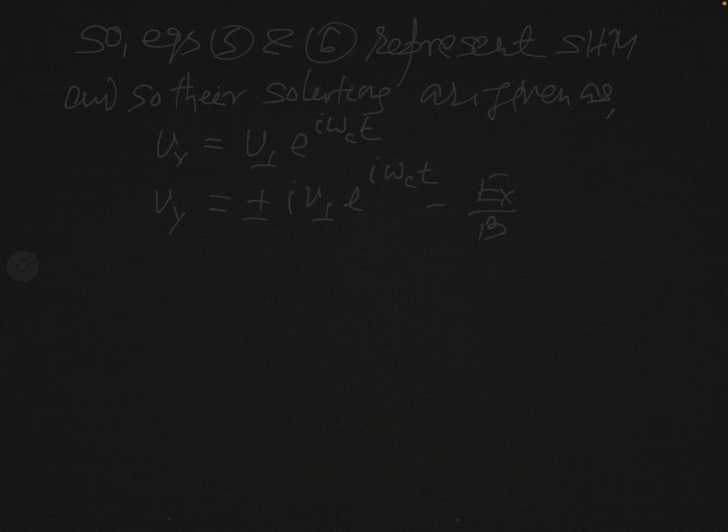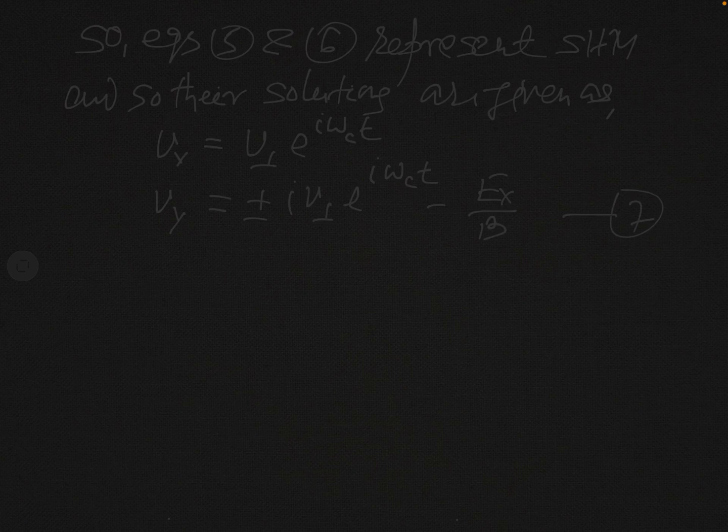So these are the solutions of equations 5 and 6, and you can see the Larmor motion is the same as in the absence of the electric field, which we have discussed in the first part of this lecture.